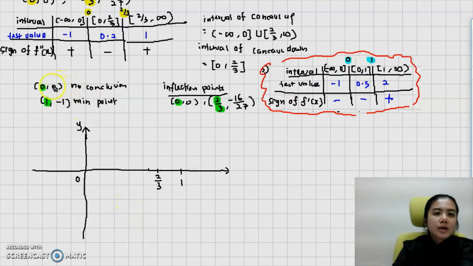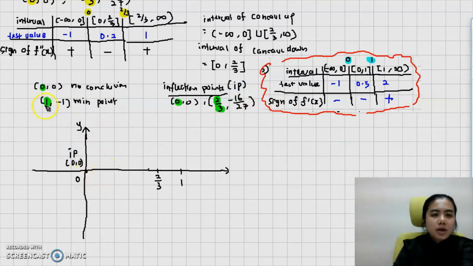We have 0, 0, somewhere here. In the table we said no conclusion, but 0, 0 is actually an inflection point. I'll use the abbreviation IP for inflection point, so this is your IP here.